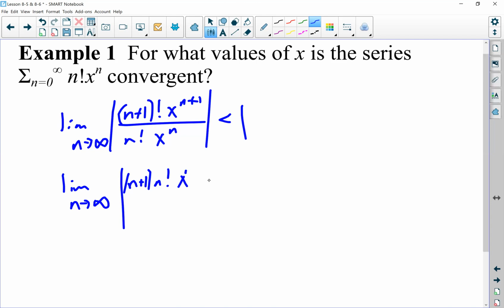X to the n plus 1 is x to the n times x to the first. In the denominator, we have that n factorial and x to the n. And look at that. All sorts of things cancel out.